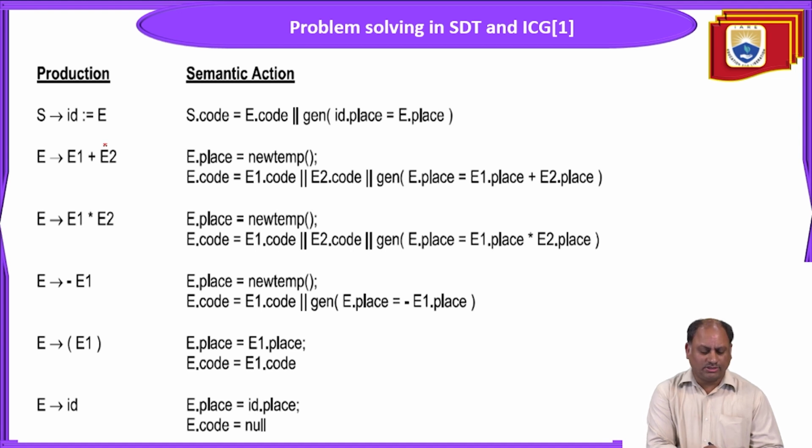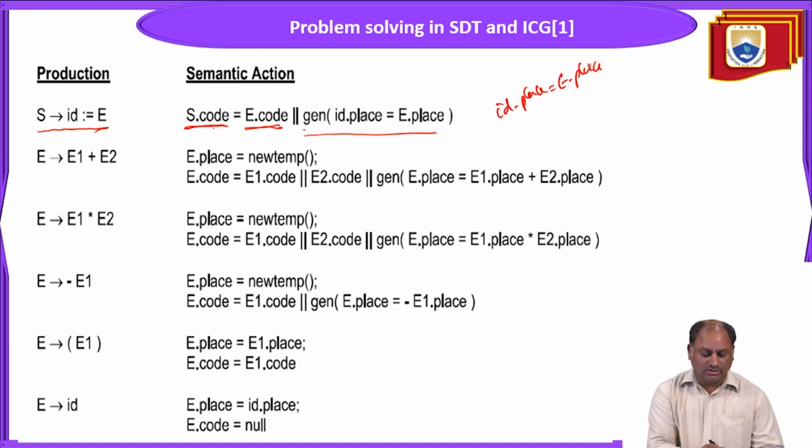Here, what is the production? It is given as S derives ID equal to E. See here, S has an attribute S dot code, and E dot code is going to generate this value, that is ID dot place, which is equal to E dot place.